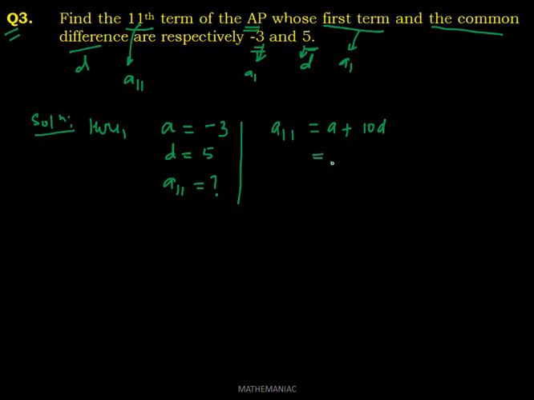A is minus 3. This is 10 into 5. That makes it minus 3 plus 50. Then it will be 47. So 47 is the 11th term, right?